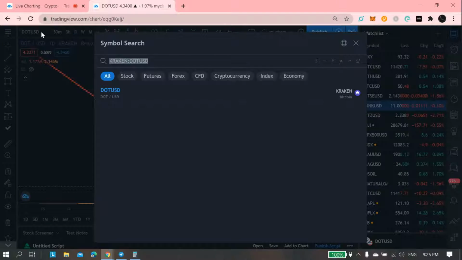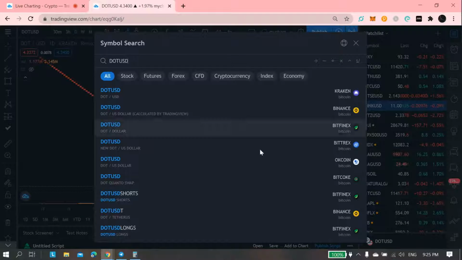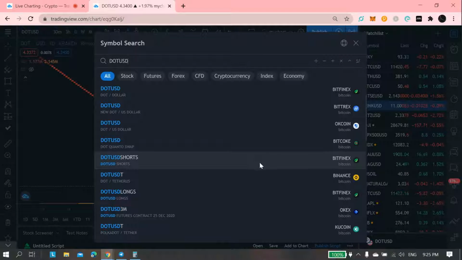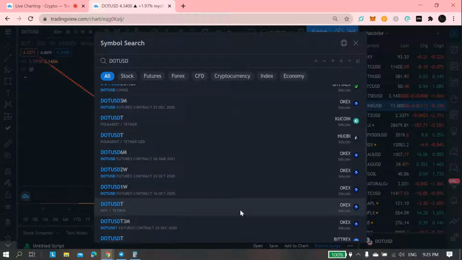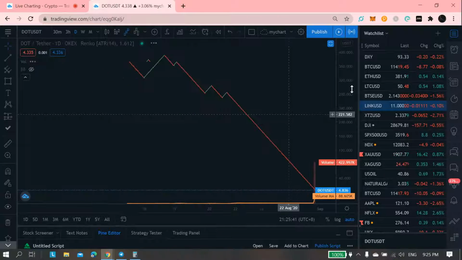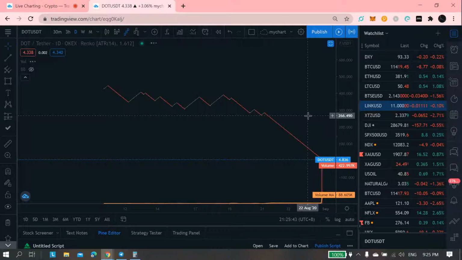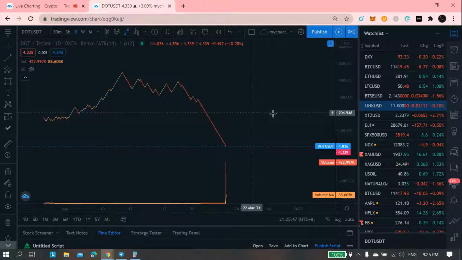Or sometimes I use OKEX, so let's just use it. Or of course Binance. So let's just use this. So Polkadot, is this Polkadot?